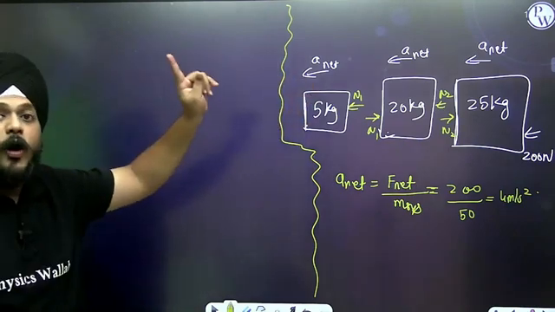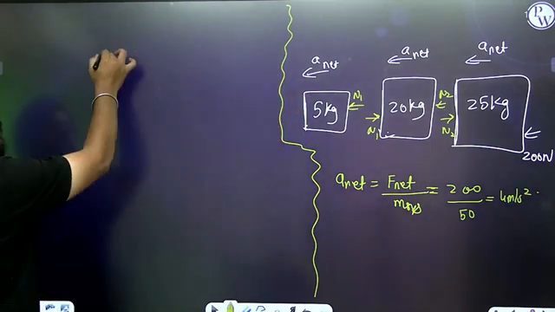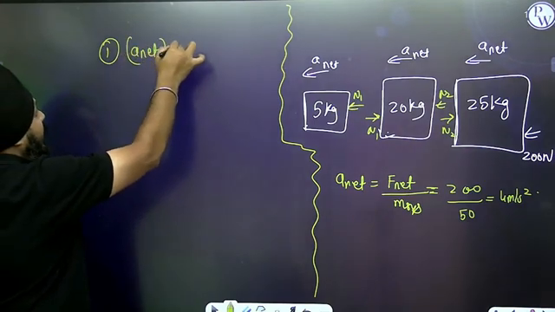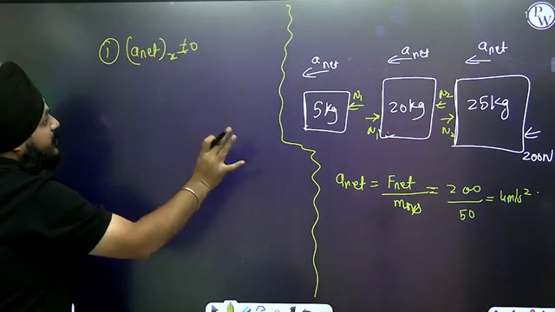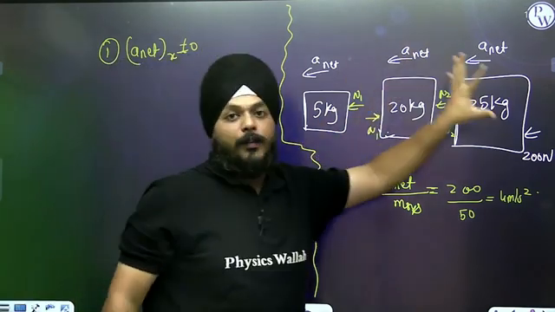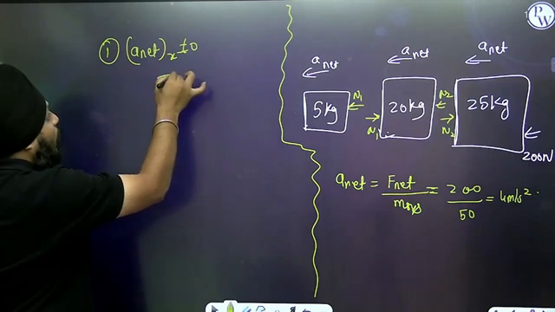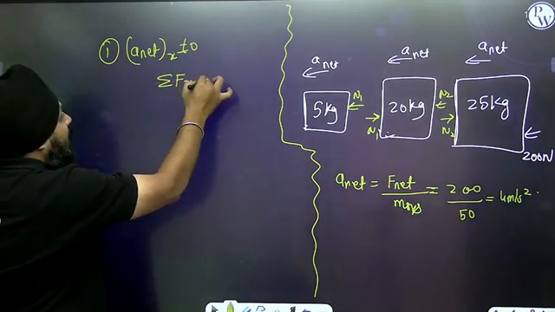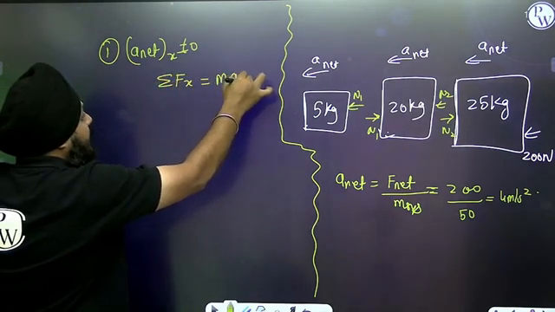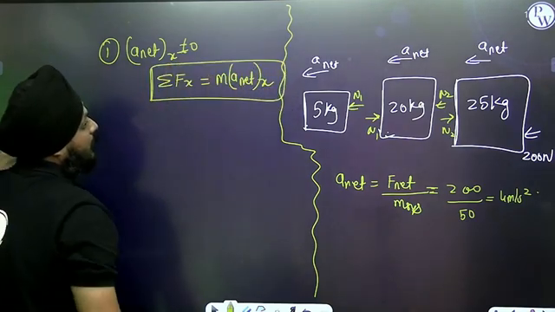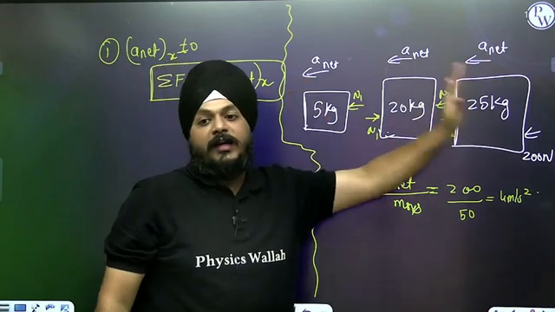According to the equilibrium conditions, the net acceleration in the x direction is not zero. It means take the individual block and apply the equilibrium conditions: the summation of all x forces is equal to mass times the net acceleration in the x direction.